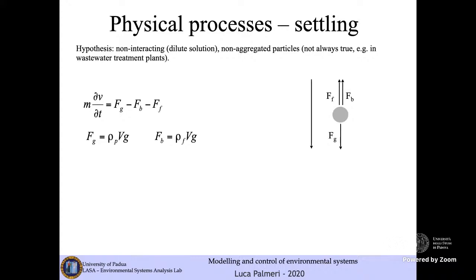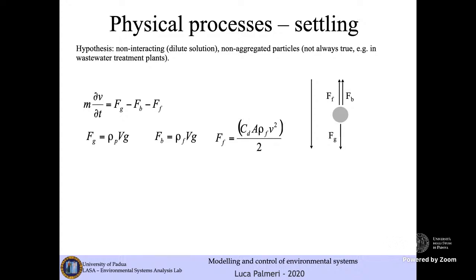The buoyancy, symmetrically, the buoyancy force is equal to the density of the fluid times the volume of a particle again, times the gravitational acceleration g. These two forces act in the same direction. Of course, these are vectors. So here you have to also indicate in which direction the forces are applied.